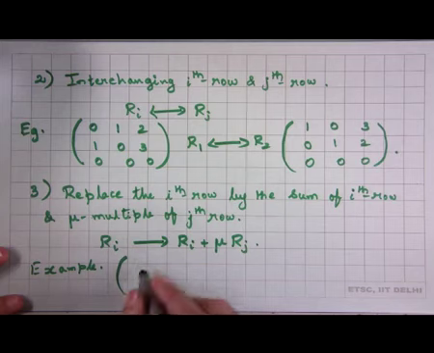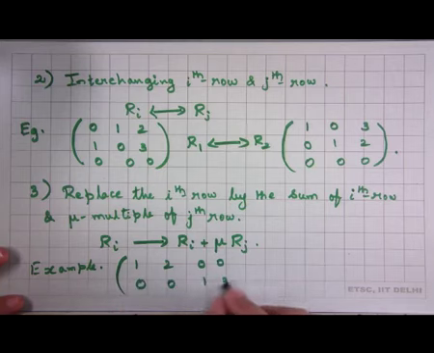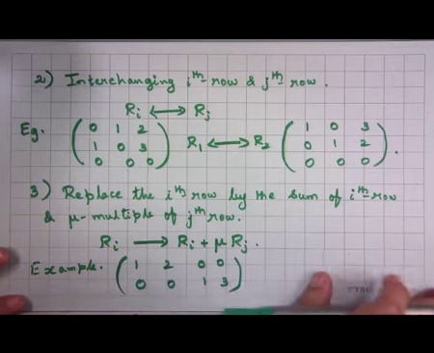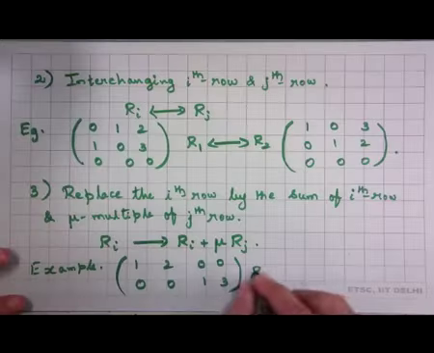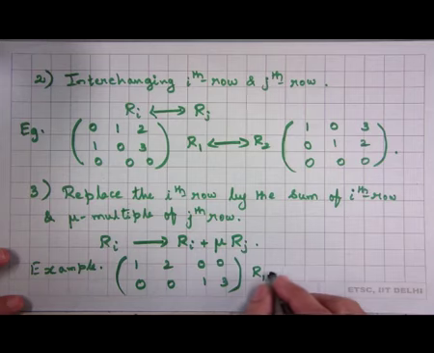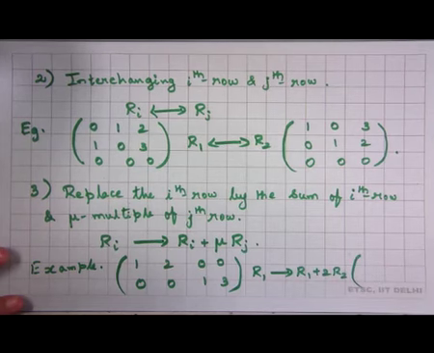The matrix that you have is 1 2 0 0 0 0 1 3. This is the matrix that we have. Now, let us do the following. R1 is replaced by R1 plus 2 times R2.